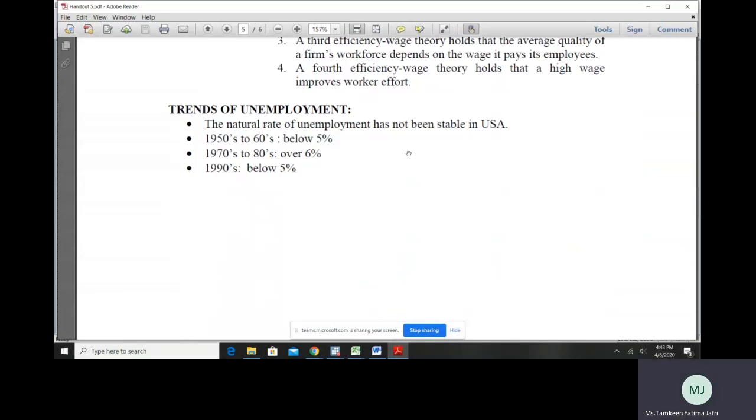The reason why this natural rate of unemployment is increasing and decreasing is because it's because of change in the job separation rate and job finding rate. बहुत सी policies government adopt करती है, which tends to affect these job separation and finding rates, which will in turn affect the natural rate of unemployment.